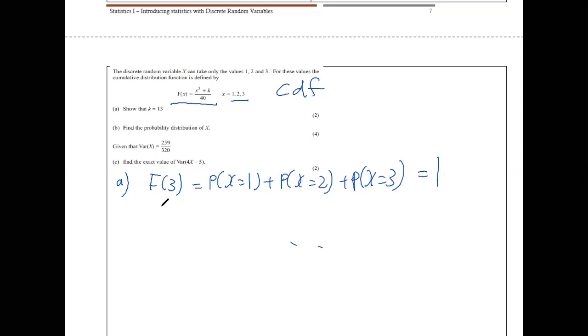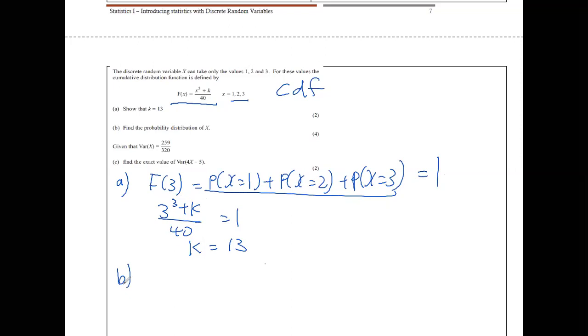But we don't have to work with all this because we already have the equation. So this is (3 plus k) over 40 equals 1. Simplify this and you get k equals 13. Okay, good. So how do we then find the distribution of x?